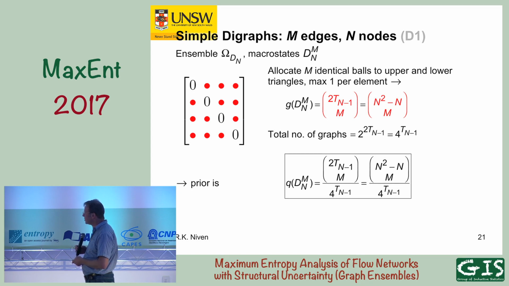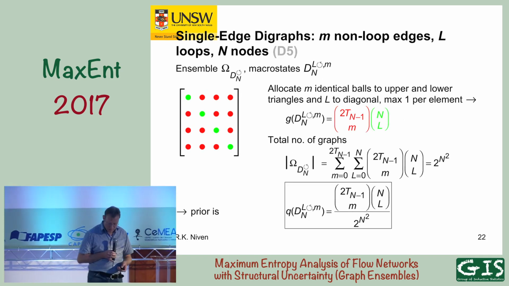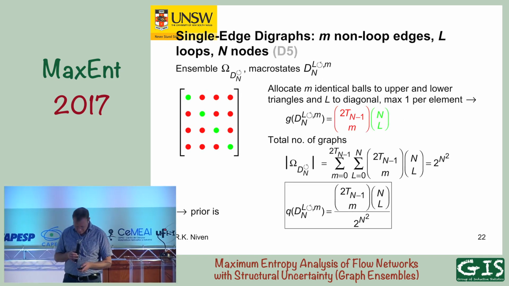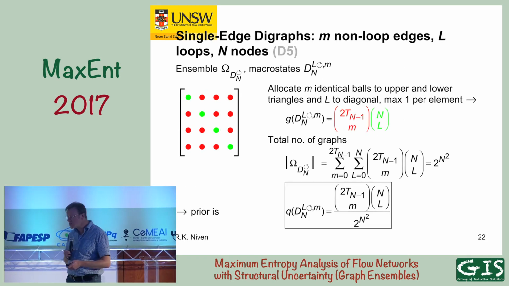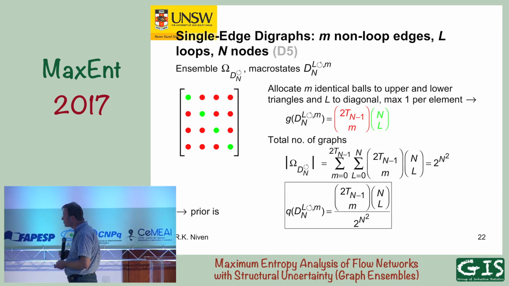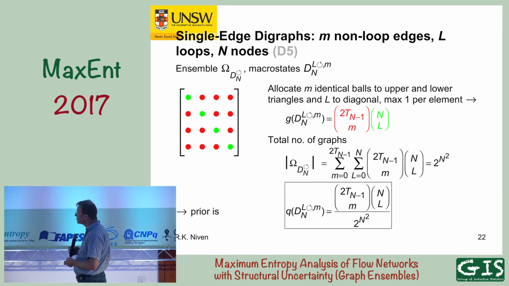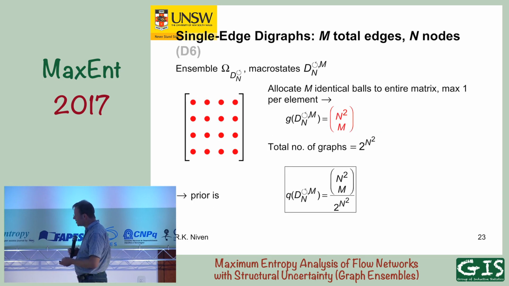And we can add that up as well and get our prior. Similarly, if we're concerned with self-loops, graph with self-loops, then we can include those in the same kind of scheme. Or if we're not interested in distinguishing the loops and the non-loops, then we can just do it this way over the full n squared.